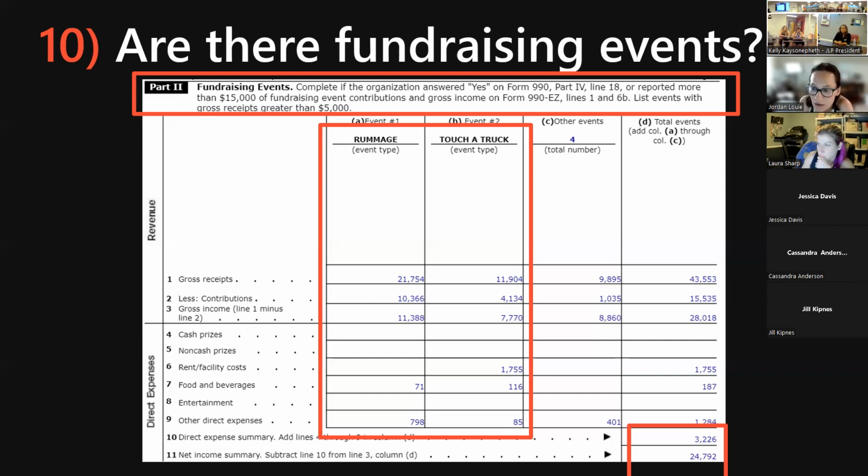If they didn't have any fundraising expenses, it's likely that they probably didn't have any events. The trigger for actually completing this is Part 4, line 18. So you essentially answered yes to, I have parties and fundraising events, and now I'm going to tell you about all of them in this schedule. They said no, so that makes sense.